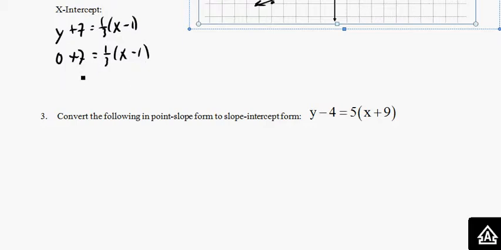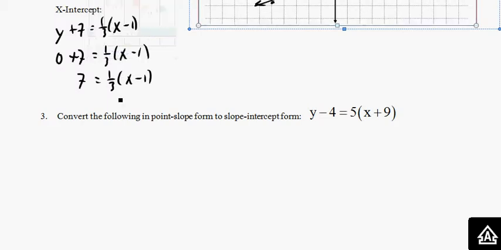So, 0 plus 7 is 7. We have 7 equals 1/3 times x minus 1. Now, to get x by itself, I'm going to first of all get rid of this 1/3 by multiplying both sides by the reciprocal of 1/3, which would be 3.